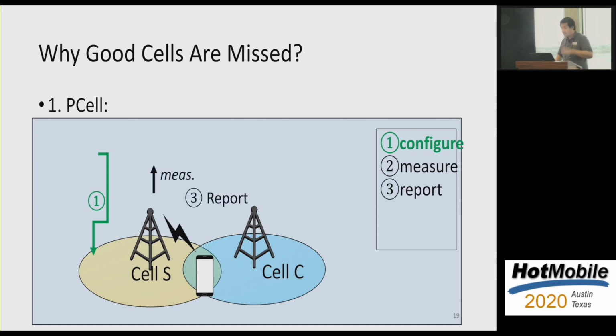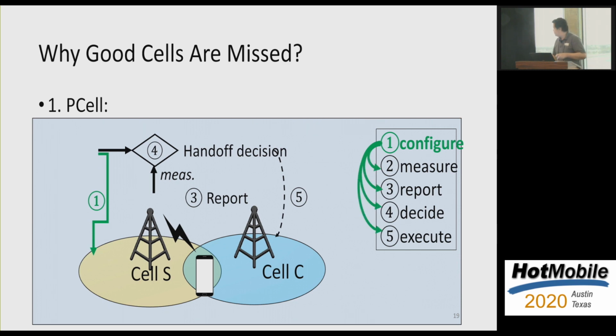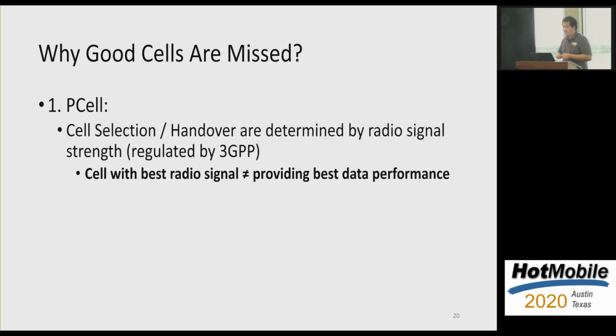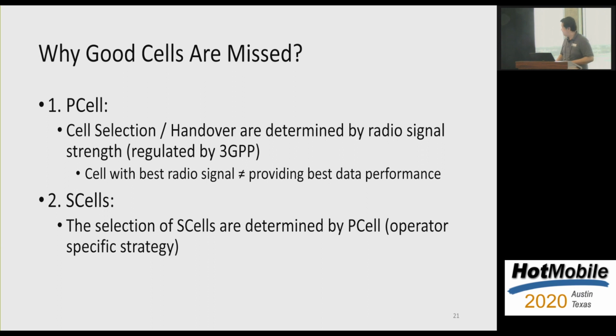Based on this report, the serving cell will make the handoff decision and ask the device to execute the handoff. So radio signal measurement is the important part. But the problem is, the cell with the best radio signal doesn't always provide the best data performance.